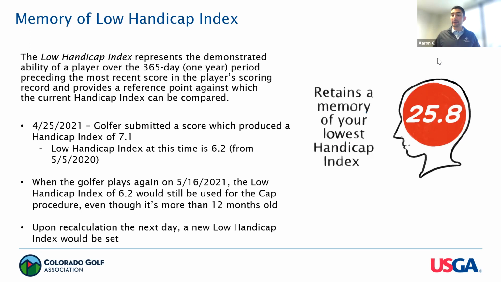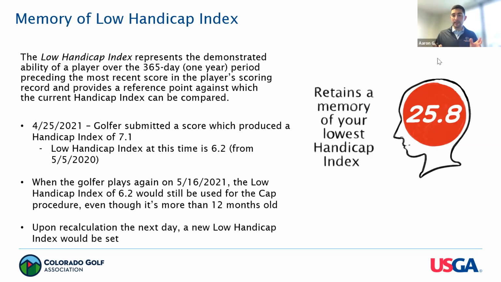Now, upon recalculation that next day, a new low handicap index would be set. So the question that we've been getting here in the office is, hey, it's been more than 365 days. I haven't played yet, but my low handicap is still the same. Your low handicap will still be the same until there's a score posted to trigger an update for both.